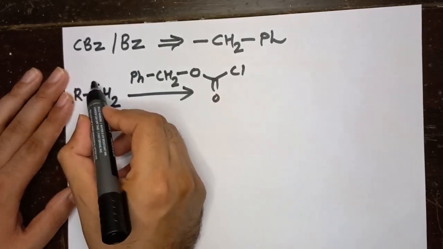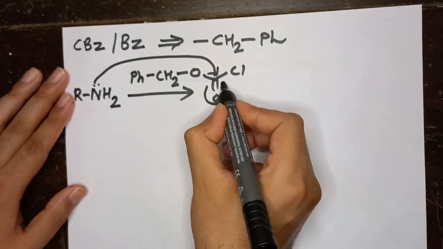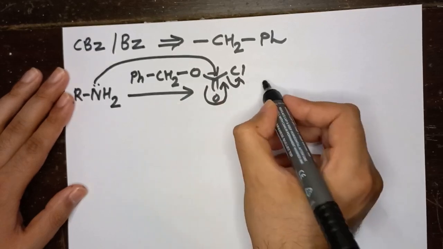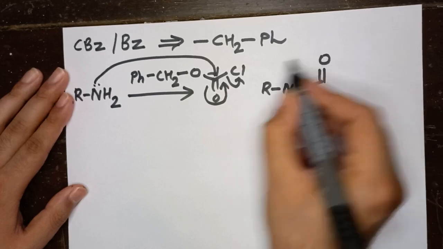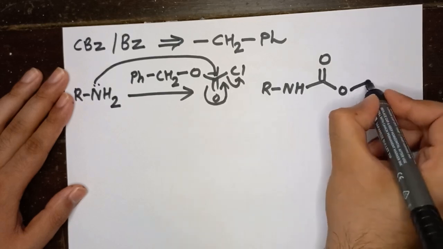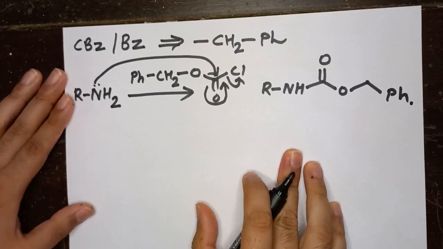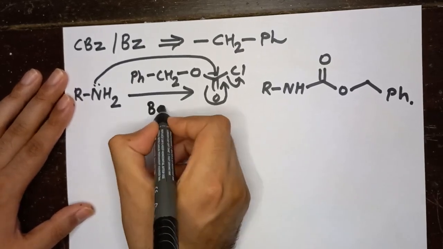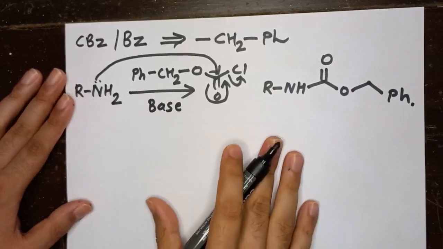So this nitrogen lone pair will attack at this carbonyl, Cl will leave, and you will be able to generate RNH carbonyl. This nitrogen is now attached to this carbonyl, OCH2Ph. You also need a little bit of base, so the reaction will be faster when this hydrogen is abstracted.